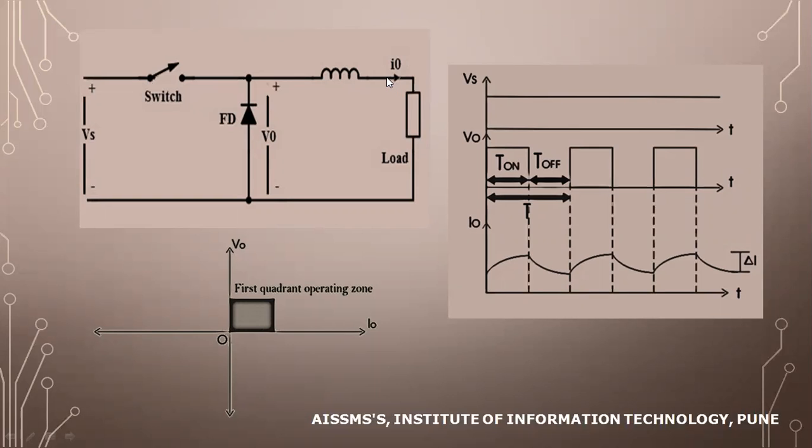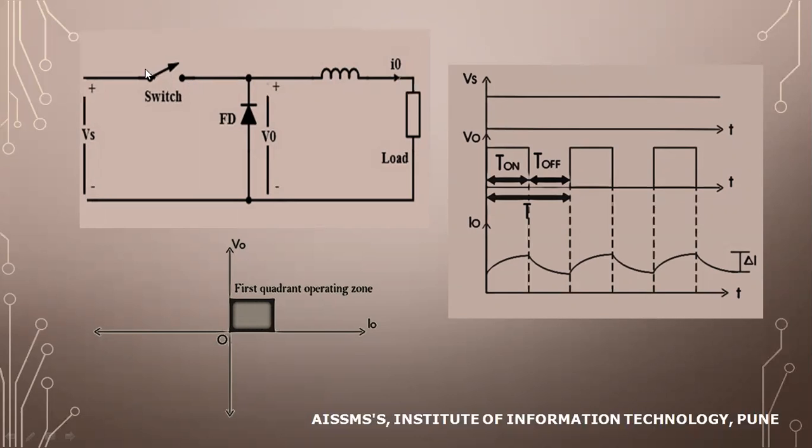The direction of the current flowing through load is indicated by arrow. Now this particular direction of current is considered to be the positive direction of current flowing through the load, or it is considered as positive current flowing through the load.